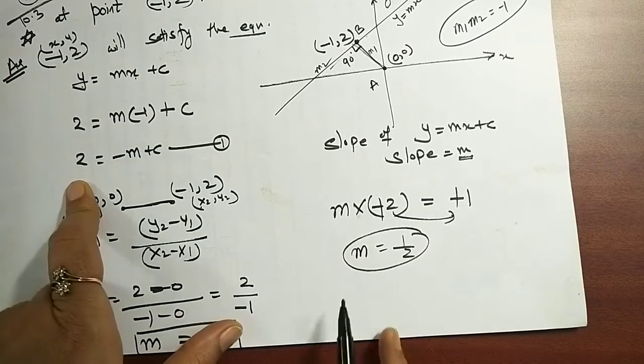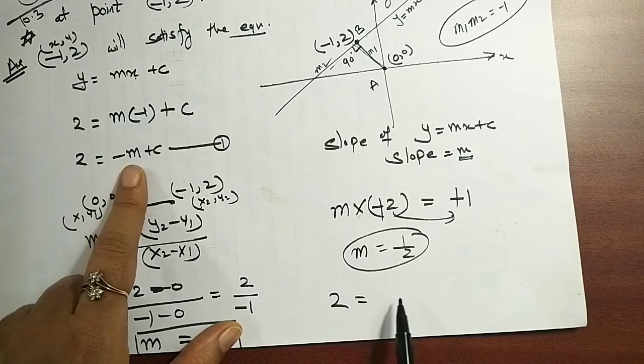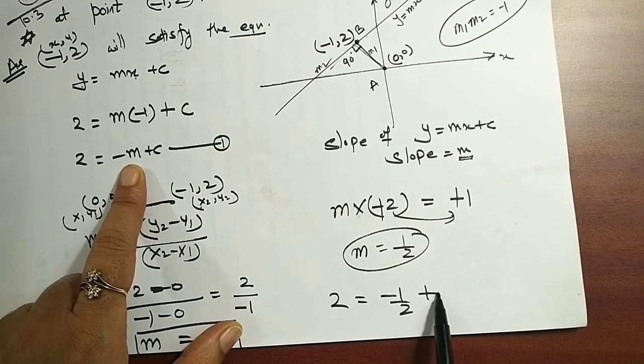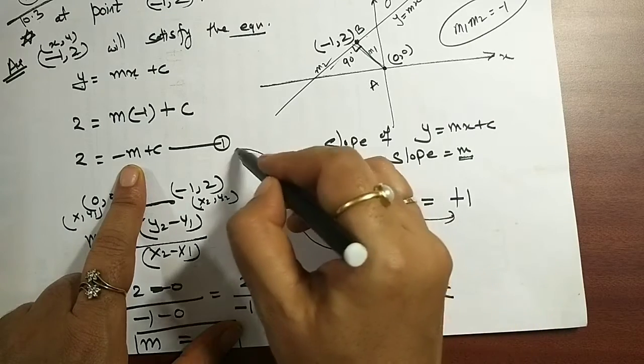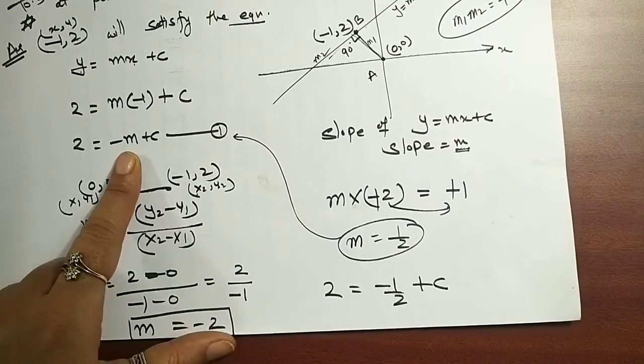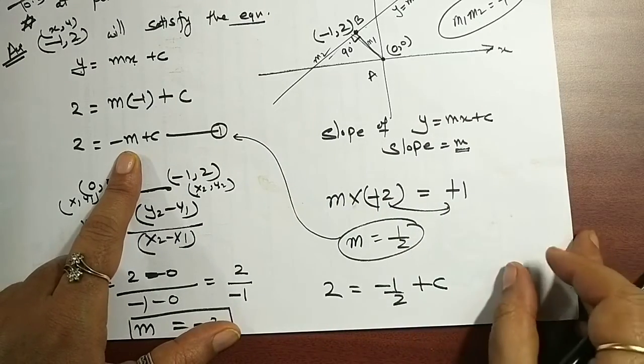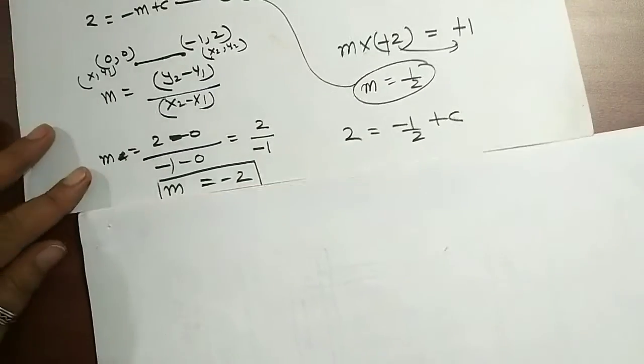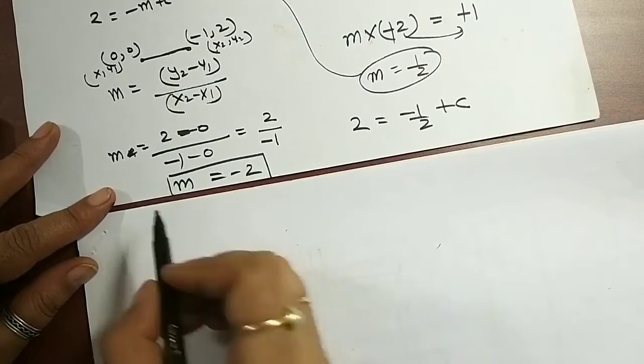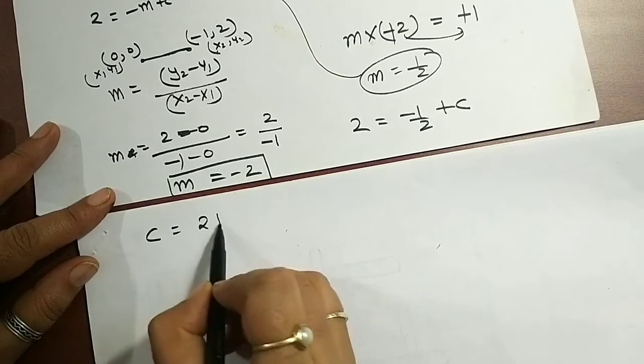So let me do. I will get 2 is equal to minus half plus c. I am putting it here. Okay. So what will be c, guys? Let me solve for c. My c value will be 2 plus half.